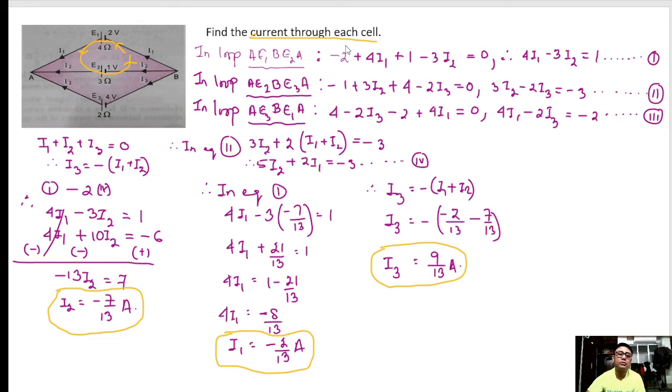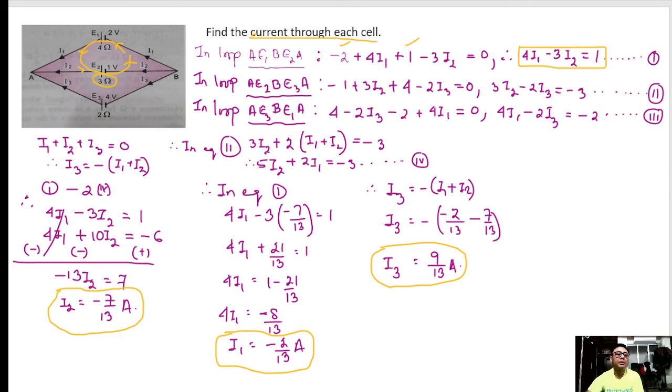So minus 2 volt plus 4 I1, since the current coming out is I1 in the direction, plus 4 I1. Then current is entering the positive terminal to negative, so plus 1 volt. Then current is going opposite inside the 3 ohm, so I will take minus 3 I2. The loop is over, so it is 0. That means we have got this relation.